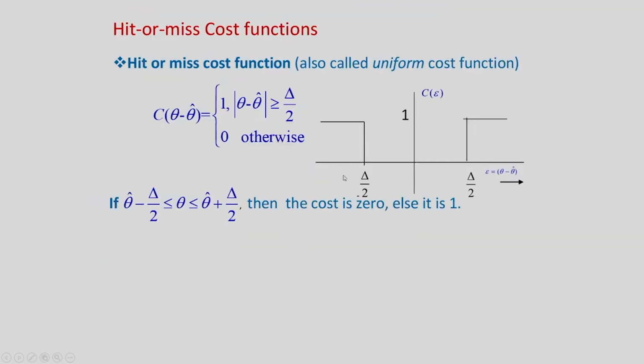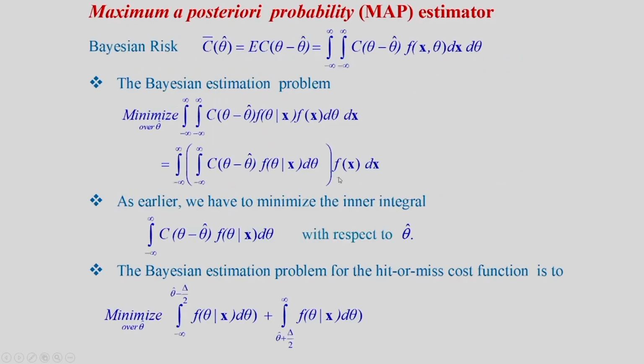Now, using this cost function, the cost is 0 in this interval. Therefore, we can write the minimization problem as: minimize over theta hat the integral from minus infinity to theta hat minus delta by 2 of f of theta given x d theta, plus the integral from theta hat plus delta by 2 to infinity of f of theta given x d theta.